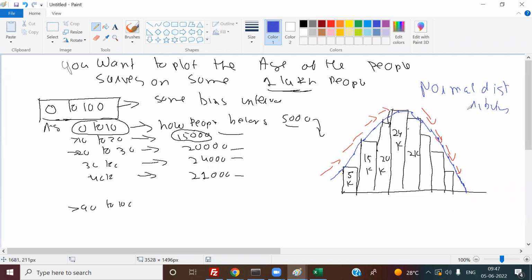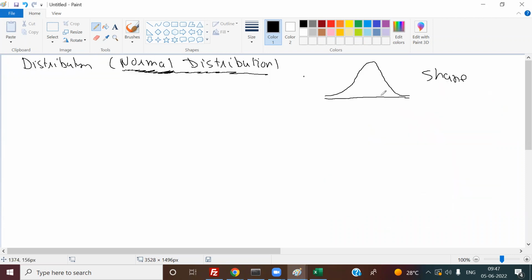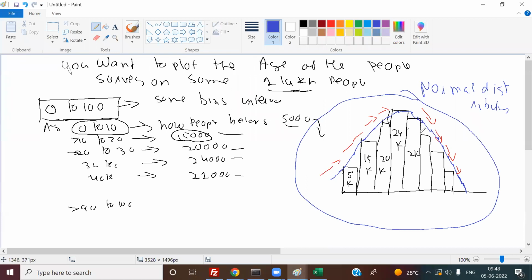Yes. Normal distribution. Okay. Keep this image in your mind. And let's come back over here and write down a few properties of the normal distribution. If it is 100% normal distribution, everyone please have a look.